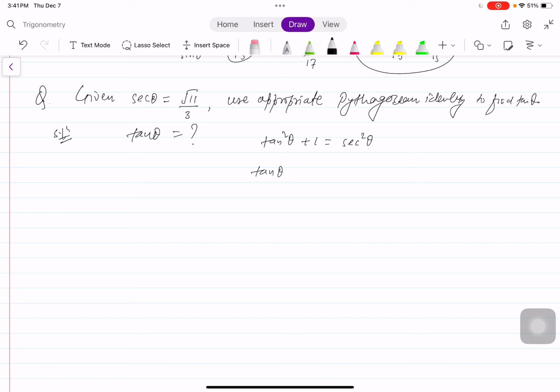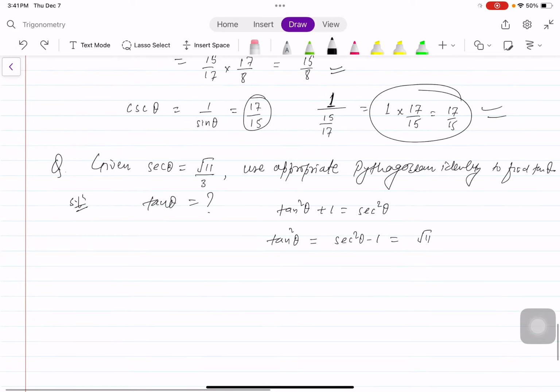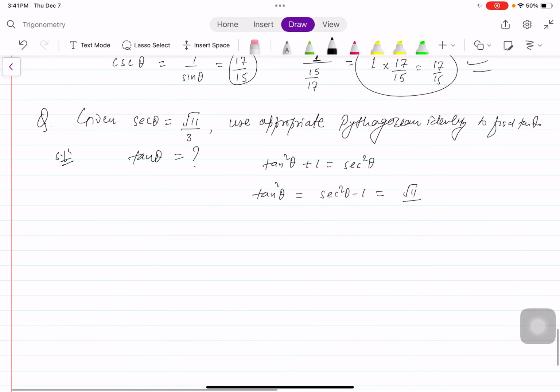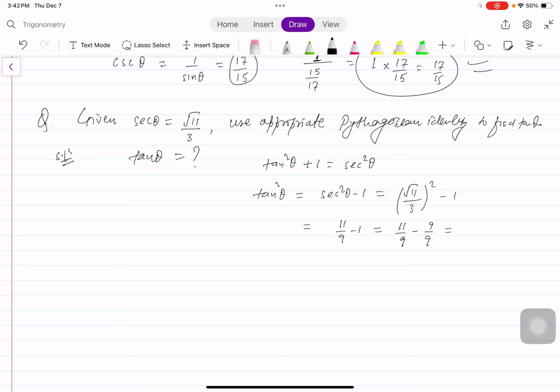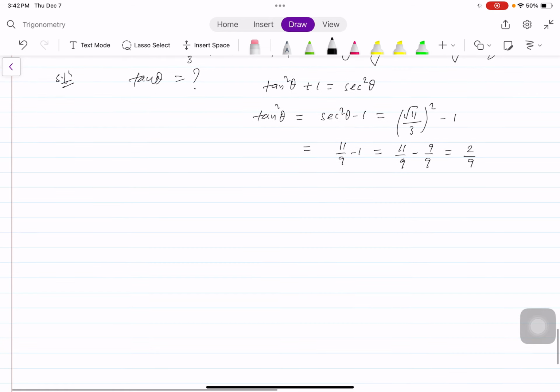So tan square theta equals secant square theta, which is square root 11 over 3 squared, minus 1. So this becomes 11 over 9 minus 1, so you make denominators equal, 11 over 9 minus 9 over 9, which is 2 over 9. So this is the square of tangent.